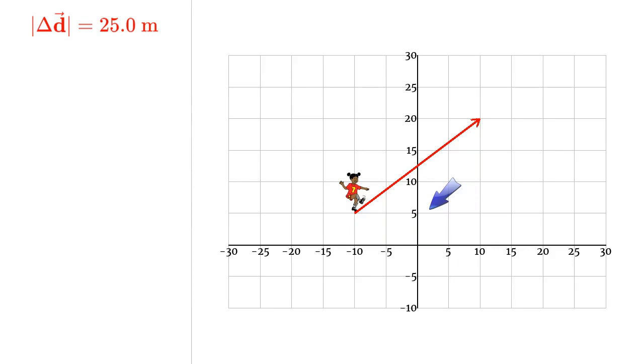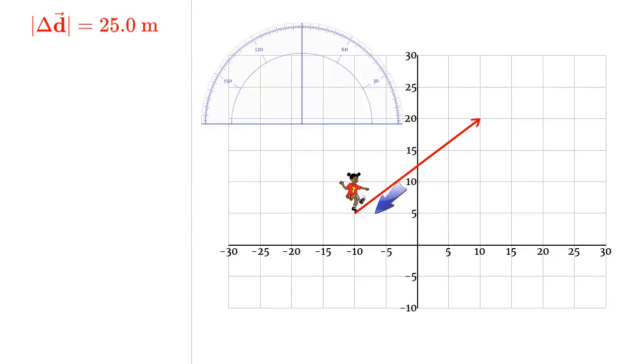To measure the direction of the vector, remember we said in the last lesson that the direction parallel to the x-axis in the positive direction, we describe that direction as 0 degrees, and any other directions are measured as angles counterclockwise from 0.